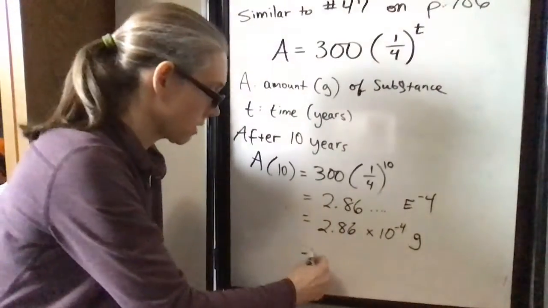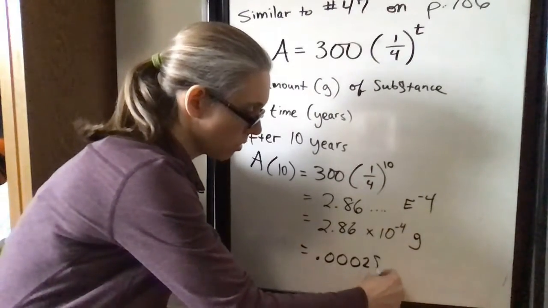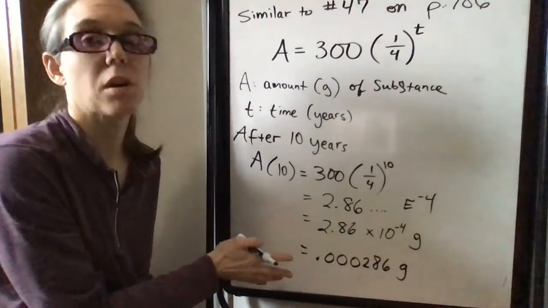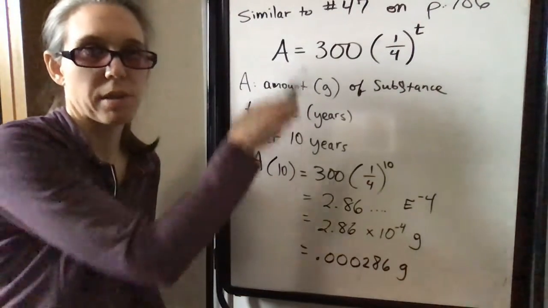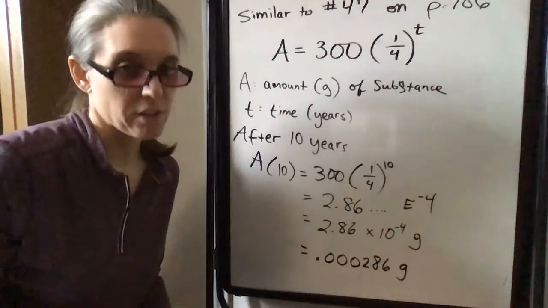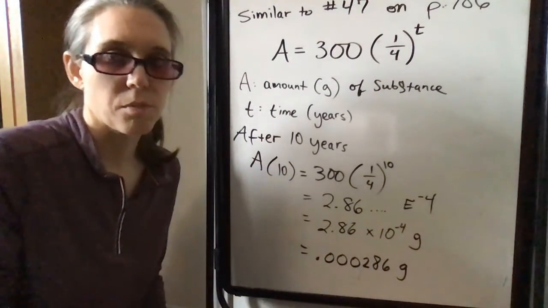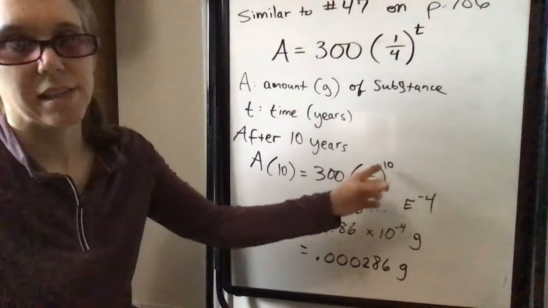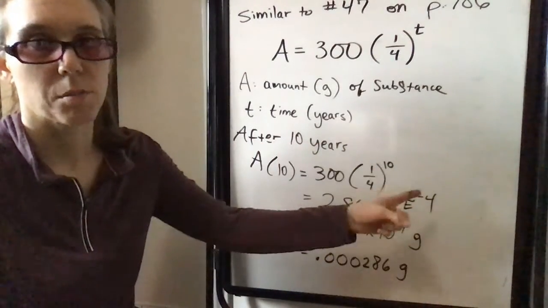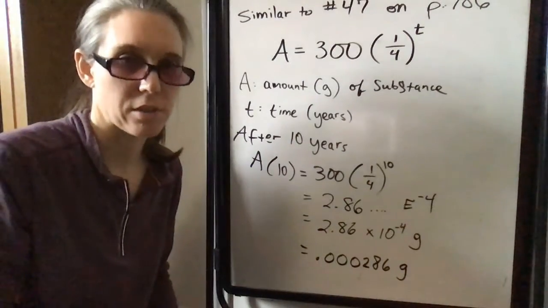If you write that as a decimal, that's 0.000286 grams. The place that I would round to in this problem is not going to be identical to the rounding for number 47. But for number 47, just make sure you check your answer in the back of the book, and then you'll also know where you're supposed to round to. But the work is simple. Just replace time with the time you're given, 10 years, and then you just type it in the calculator, and you'll come up with your answer.